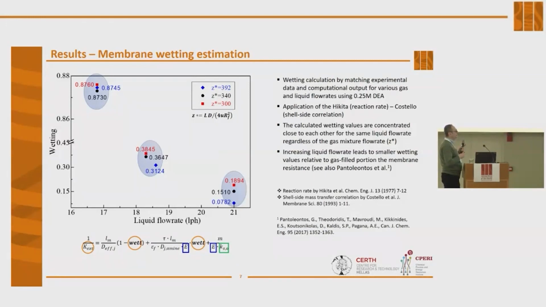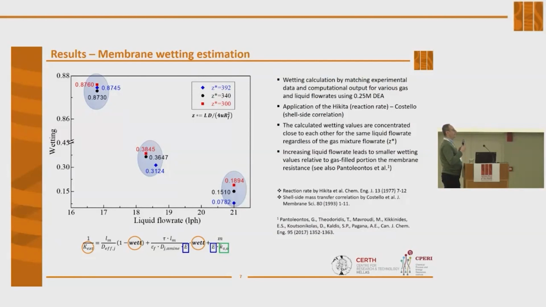The second wetting pattern is that by increasing liquid flow rate, we see that the wetting decreases. And this is something we also noticed in a relevant publication in Canadian Journal of Chemical Engineering in 2017, when assessing a physical absorption case.